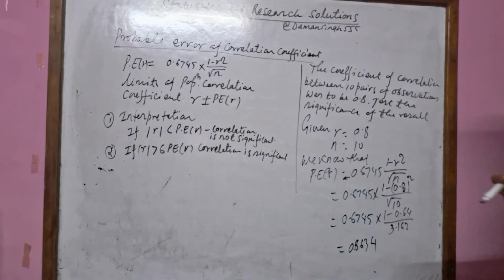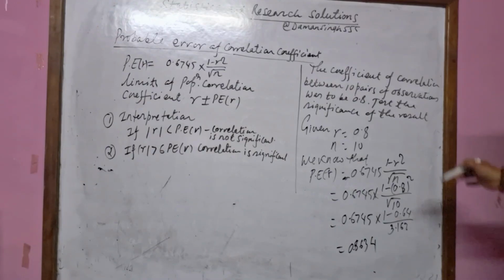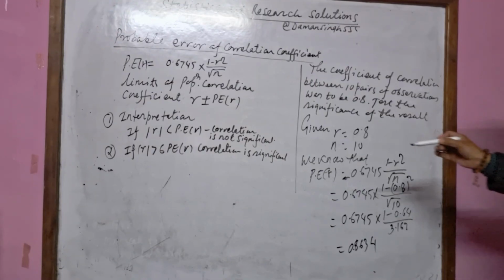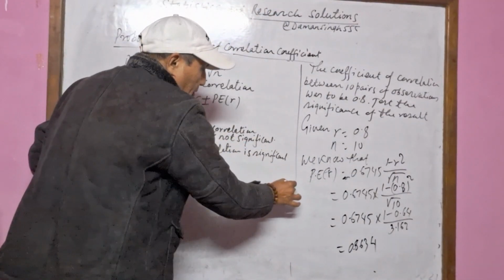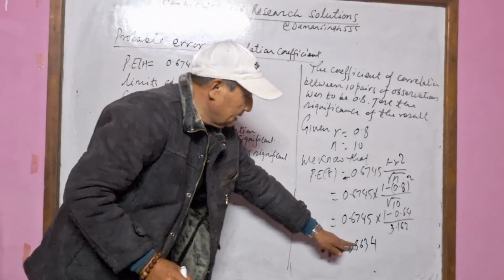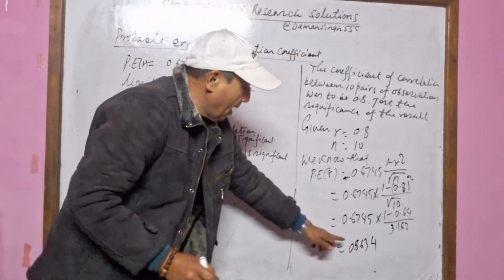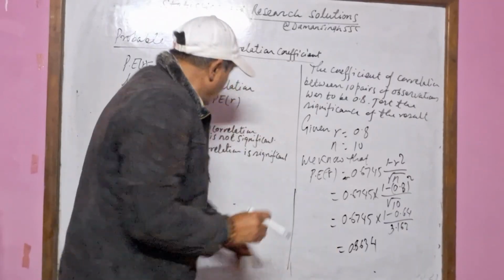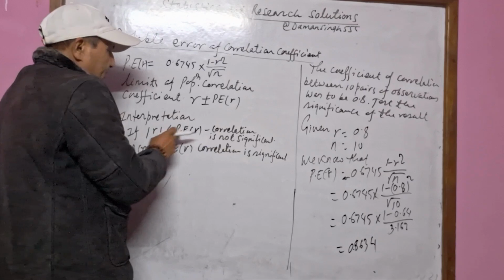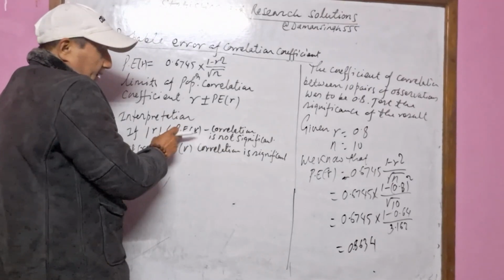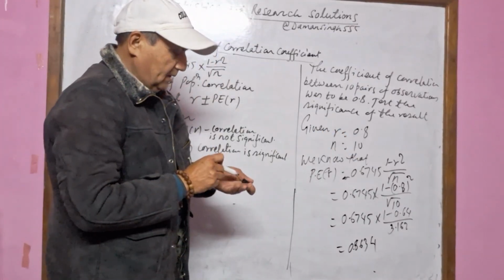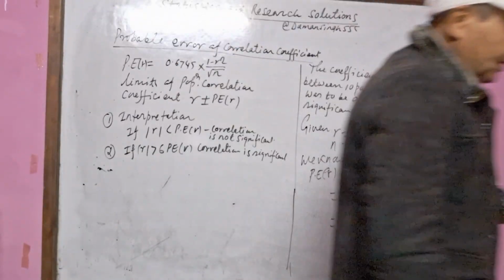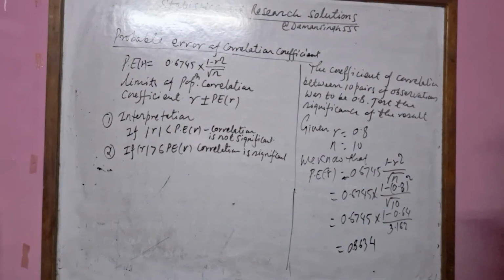This is the value of probable error. Now we interpret this value. How do we interpret? We check whether R is less than PE, R is 0.8. Whether this value is correct or not, we just check.